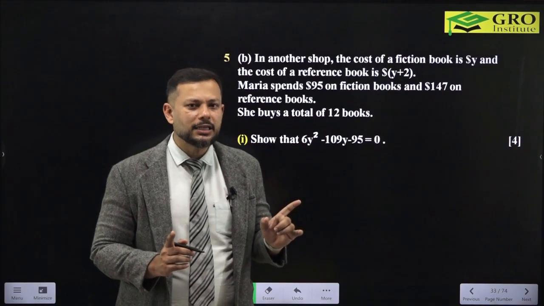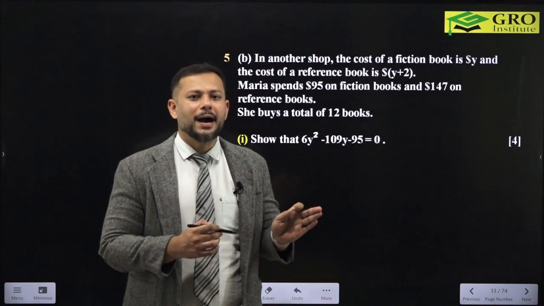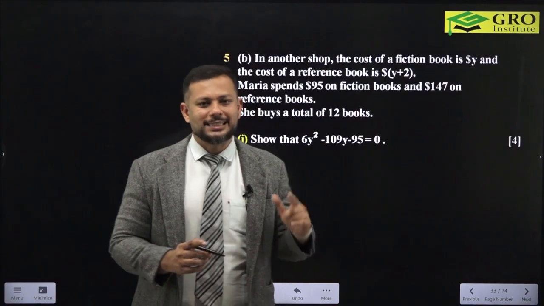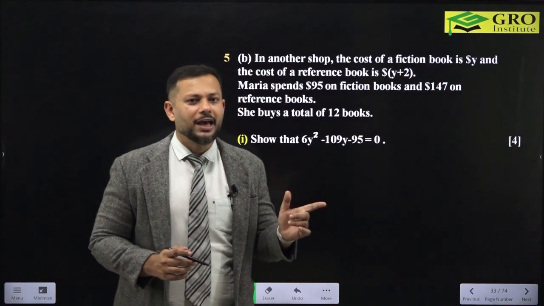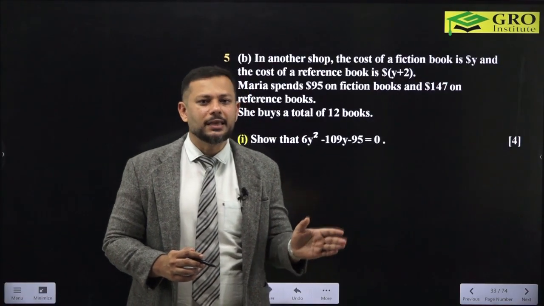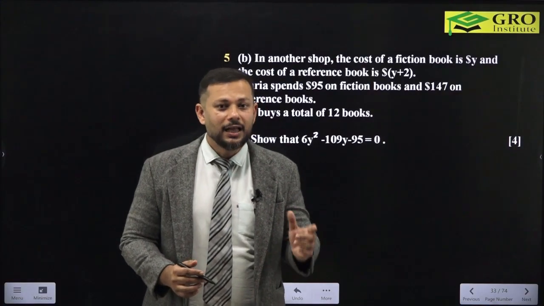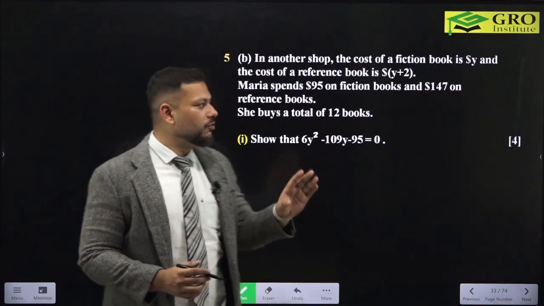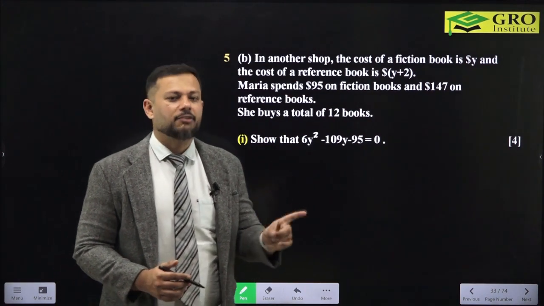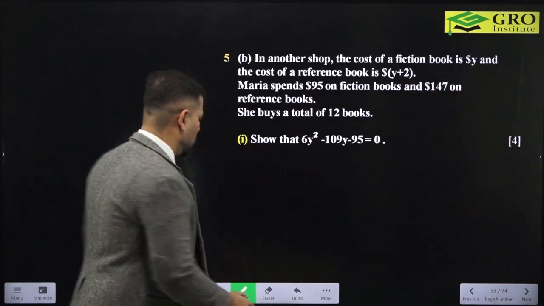What comes to my mind is that if I divide the total money spent on fiction books by the cost of one fiction book, that will give me the number of fiction books, and same will happen with the reference books. If I divide the total cost spent on reference books by the cost of one reference book, I'll get the number of reference books, and these two numbers when added together will add up to 12. Isn't it? Let us use that concept and try to formulate an equation, and then we'll find out whether we'll reach to this equation or not.